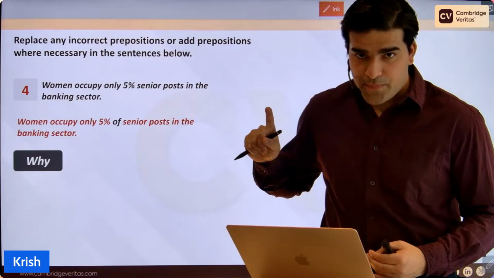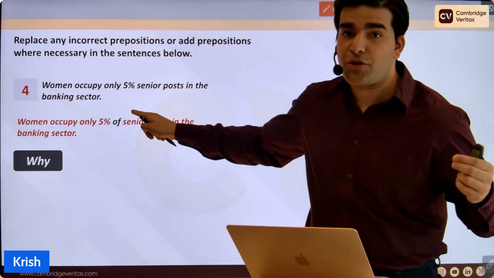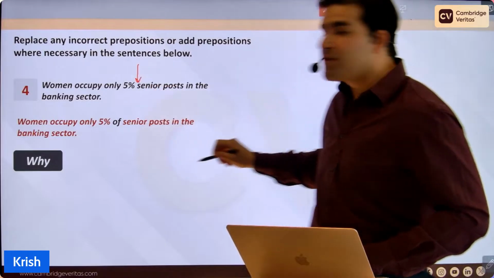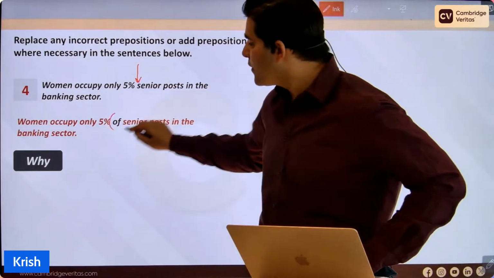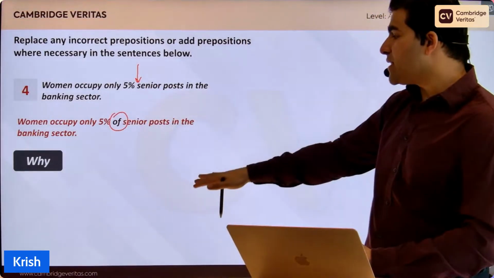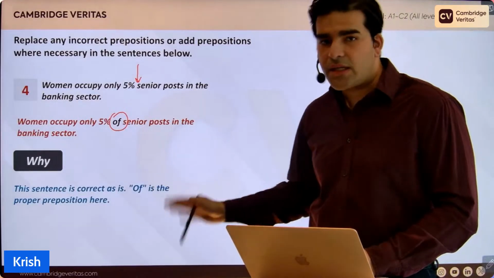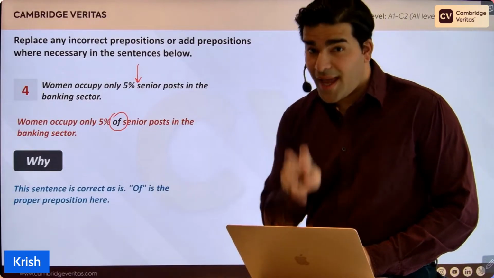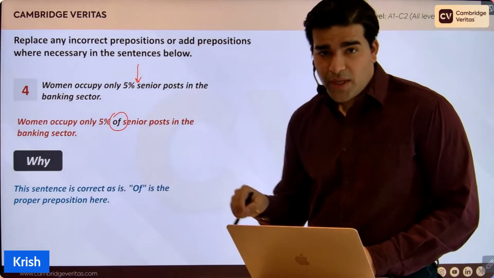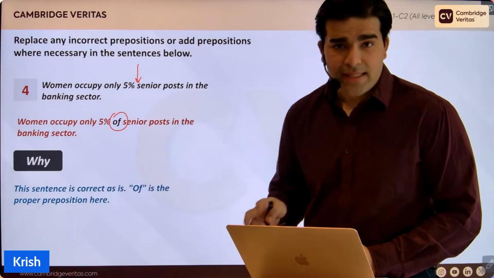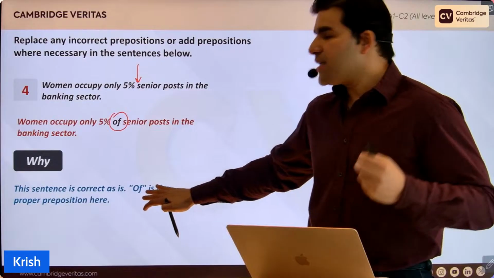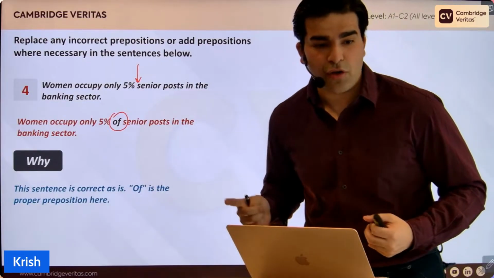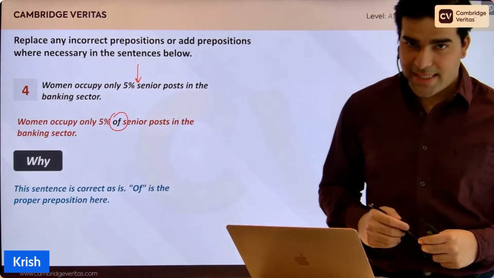So, ladies and gentlemen, if you're talking about association of a percentage with something, you'd have to write of. Of is the proper preposition to be used in this context to show association of percentage with the banking sector.